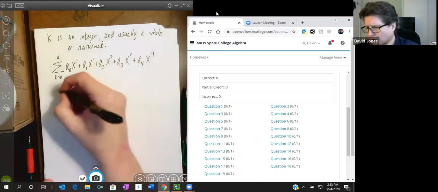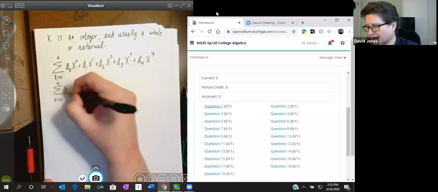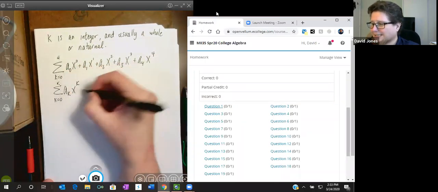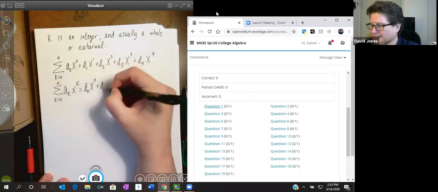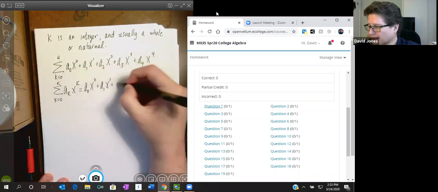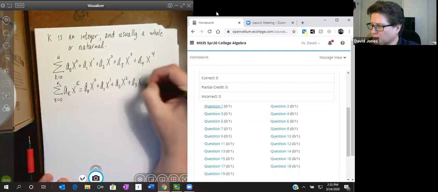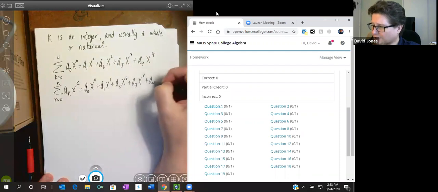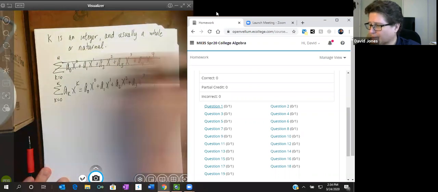Well, I wrote that notation a little bad. Let's try that again. The sum of a sub k x to the k equals a sub 0 x to the 0 plus a sub 1 x to the 1 plus a sub 2 x to the 2, a sub 3 x cubed, and a sub 4 x to the 4th power. Ignore that first line. That was bad.